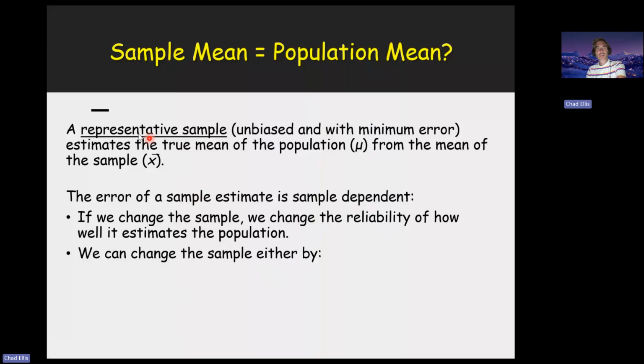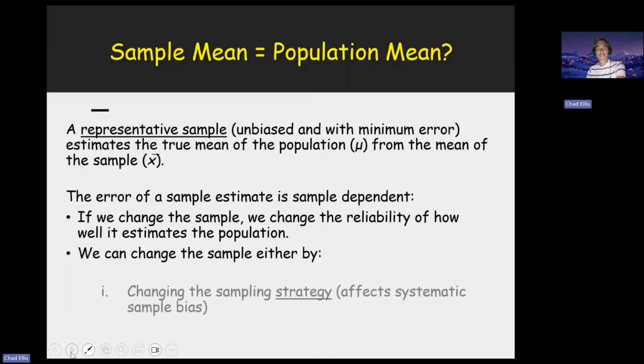So the goal here is to collect a representative sample, in which we're usually trying to estimate the mean of the population by the mean of our sample, X bar. But the error of our sample is dependent on the characteristics of the sample. For one, we just saw that the size of the sample affects the size of the sampling error.